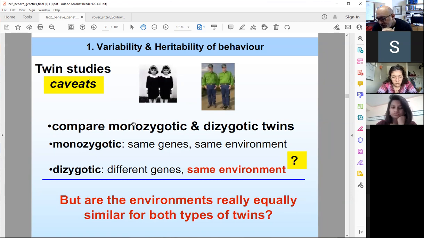Depending on how you define the environment, each individual has its own sort of experience with the environment, and therefore you can't necessarily make that assumption, right? In the case of humans, that in these kinds of twin studies, the twins share the same environment, at least in the kinds of examples I've just shown you.